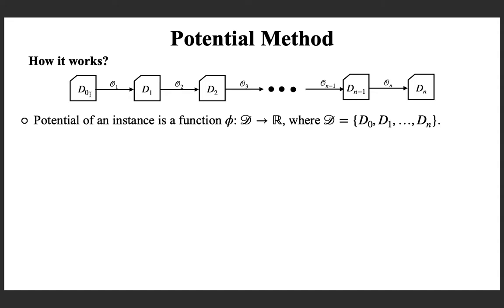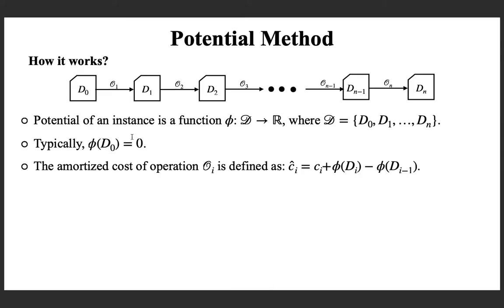We can see examples, and typically we will assign the potential of the initial instance, that is before performing the first operation, as 0. It's a real number. This is a typical case.